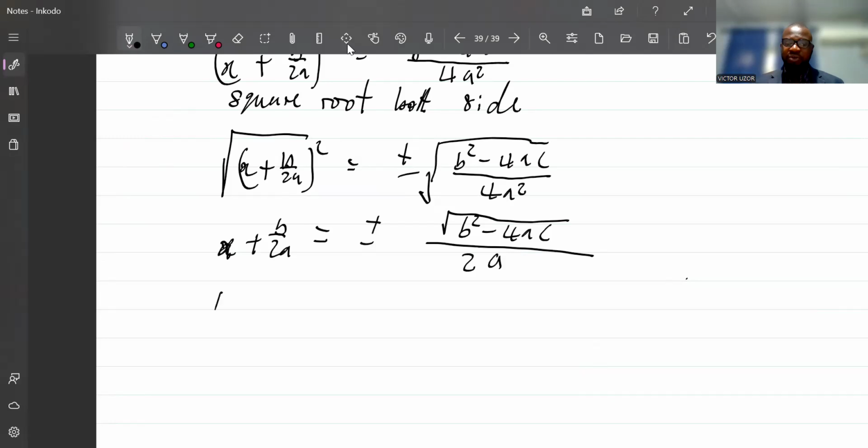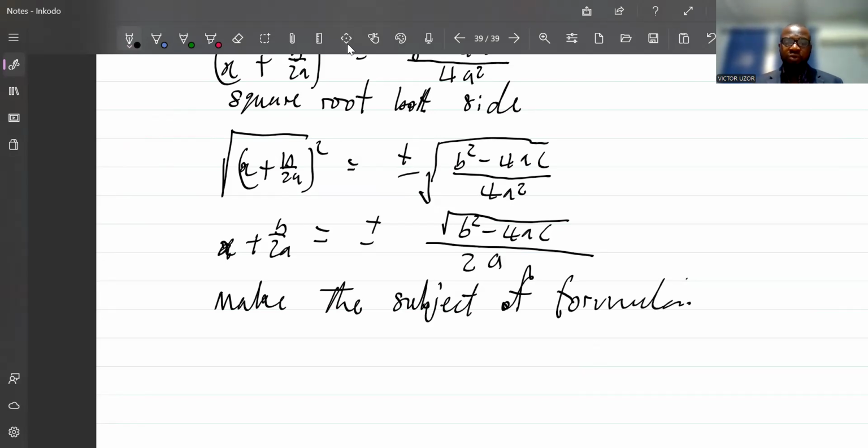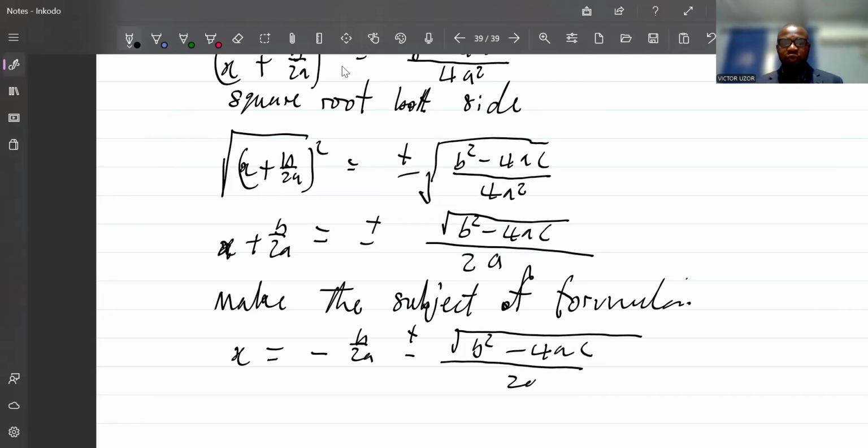So the last step is to make x the subject of the formula. x will be equal to negative b over 2a plus or minus the square root of b squared minus 4ac all over 2a.